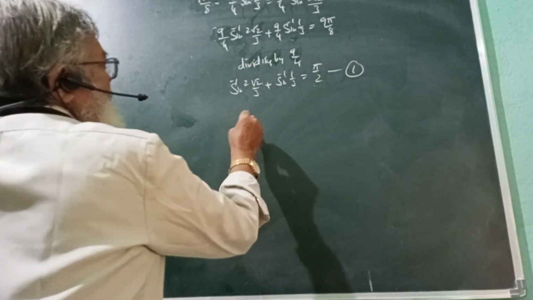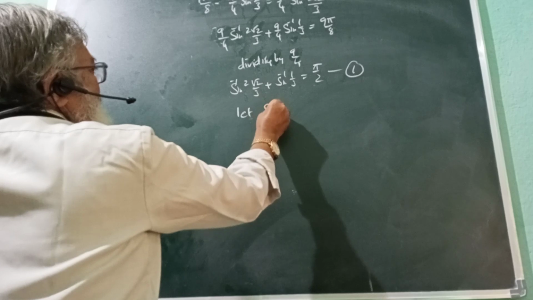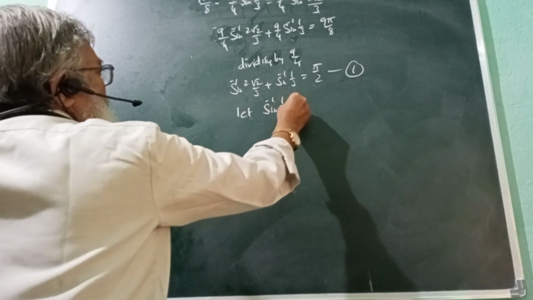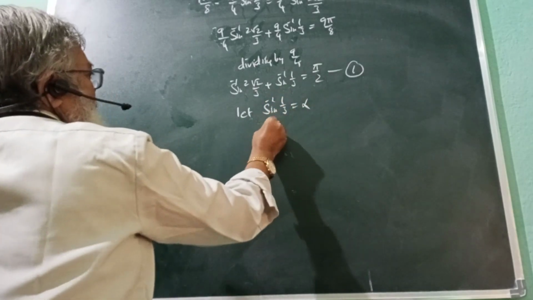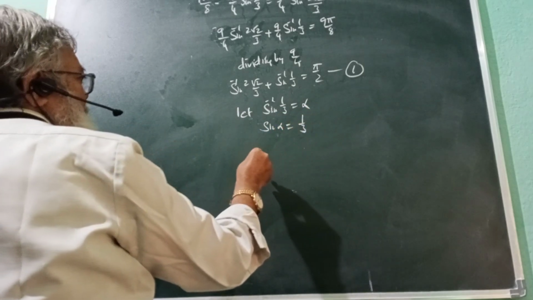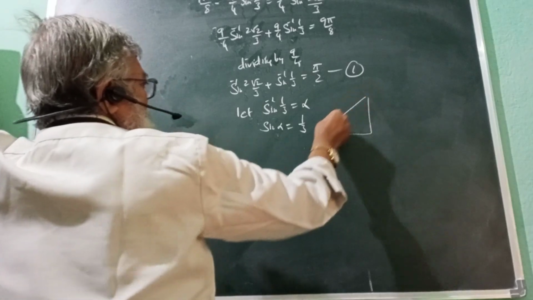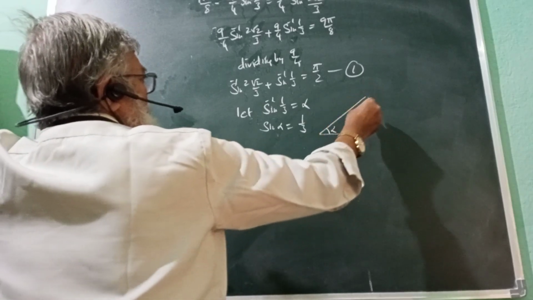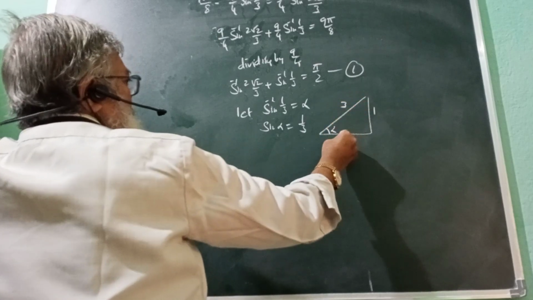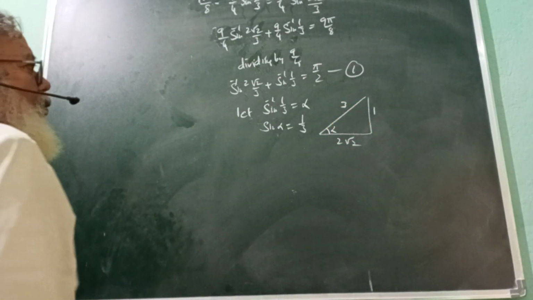Let us take here, let sine inverse 1 by 3 be equal to alpha. Then sine alpha is equal to 1 by 3. Draw the triangle of alpha here. Opposite side by hypotenuse. By Pythagoras theorem, the adjacent side is 2 root 2.